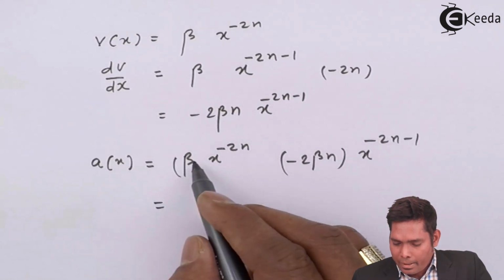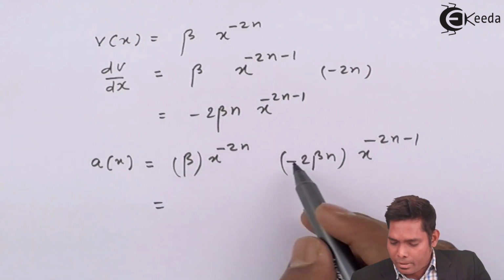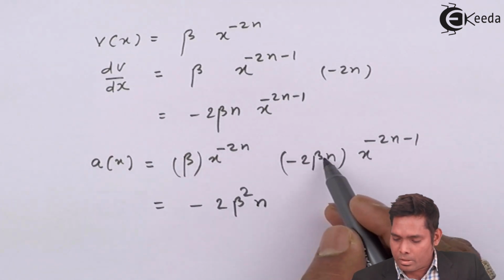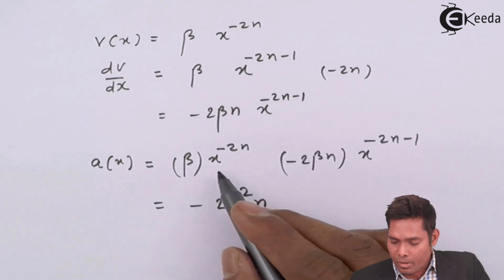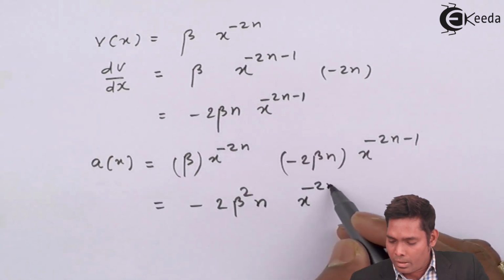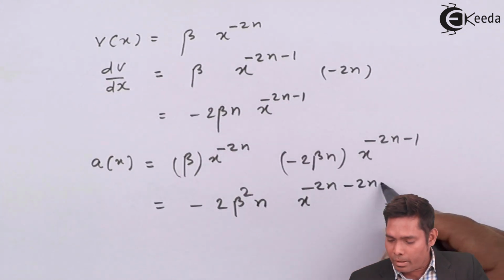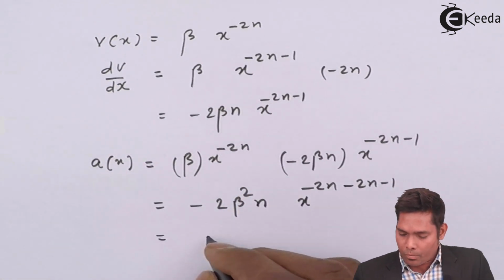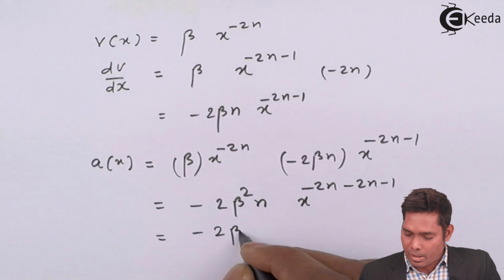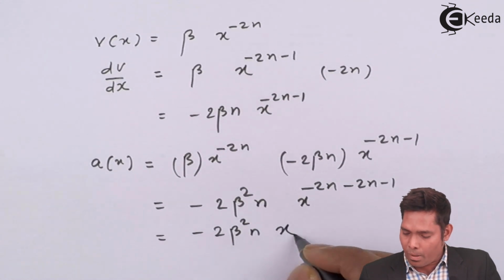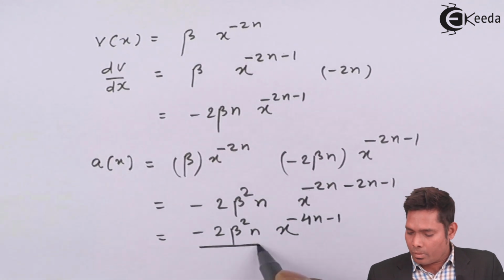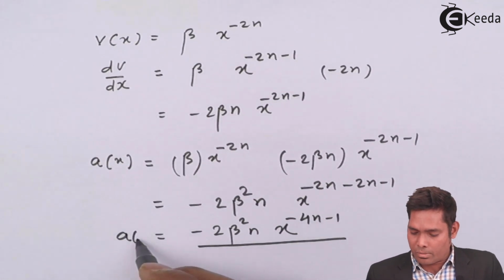Multiplying these gives minus 2 beta square n, and the powers of x add up, so we get minus 2 beta square n x to the power minus 4n minus 1. This is the acceleration as a function of x.